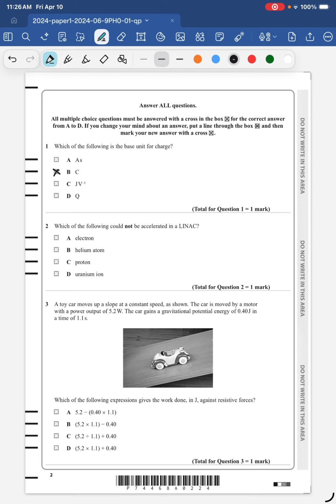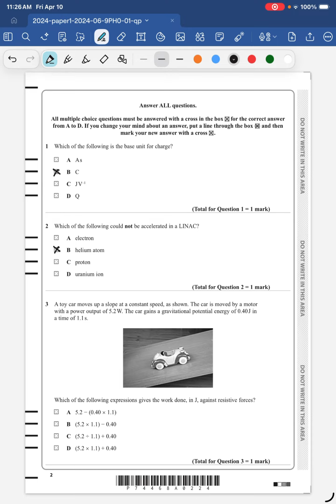Let's move on. Which of the following could not be accelerated by a LINAC? Okay, the electron can be accelerated, the proton as well, the uranium ion as well, but the helium atom cannot be accelerated because recall that an atom is actually electrically neutral, right? Because it includes both protons and neutrons.